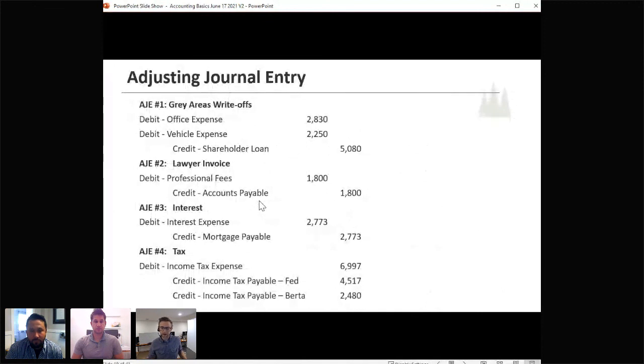And every entry, again, has 2 sides, a debit and a credit, and they have to equal. Generally, if you look at all these, the debits are all hitting the income statement, and the credits are all hitting the balance sheet. So there's always that 2-sided effect.